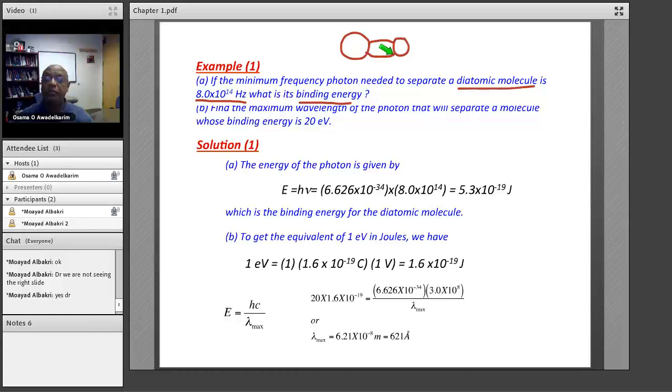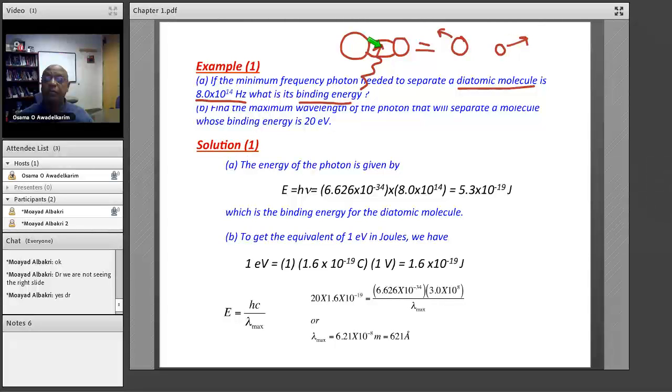And what you have is an incident electromagnetic wave, and it strikes this bond and it breaks it. So you get the 2 atoms separated now. Each one goes in a different direction because this bond is broken. How is it broken?